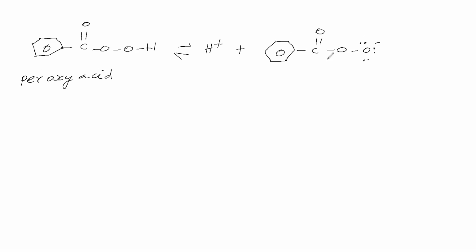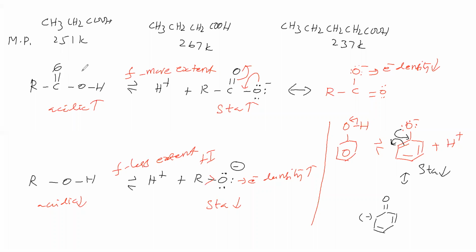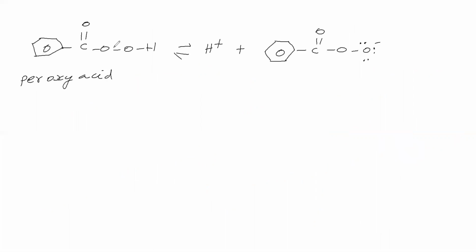This anion cannot go for resonance. But carboxylic acid can go for resonance, whereas this peroxy acid cannot.